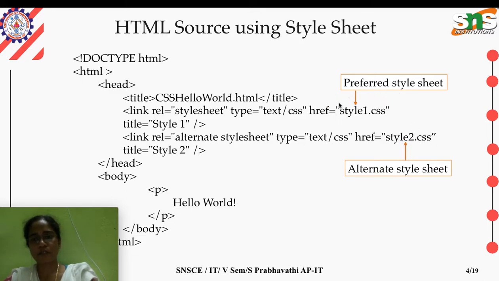By default this will be displayed, and we could change that display by selecting the title style too. We will see the output of this coding in the next slide.